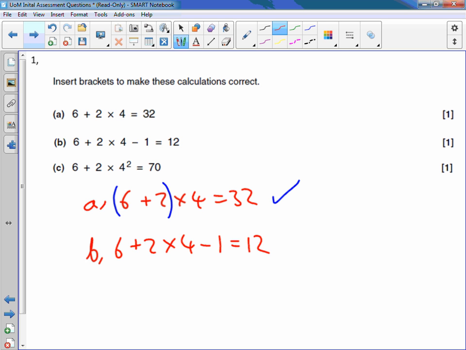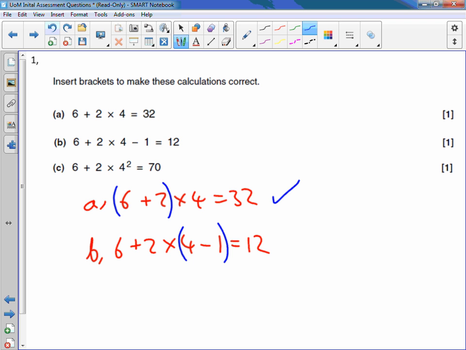So let's have a look at that. Well, if I put my brackets around the 6 and the 2, I'm going to get 8, so I'm going to get 8 times 4 is 32. Take away 1. Well, that's clearly not going to work. So let's have a look. If I put my brackets in around 4 minus 1, I'm going to get 3.